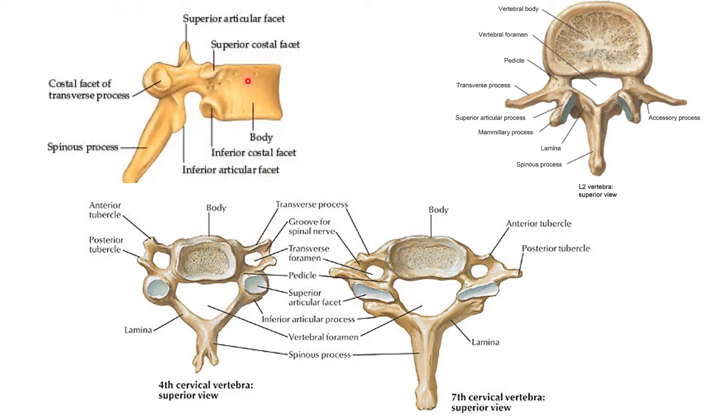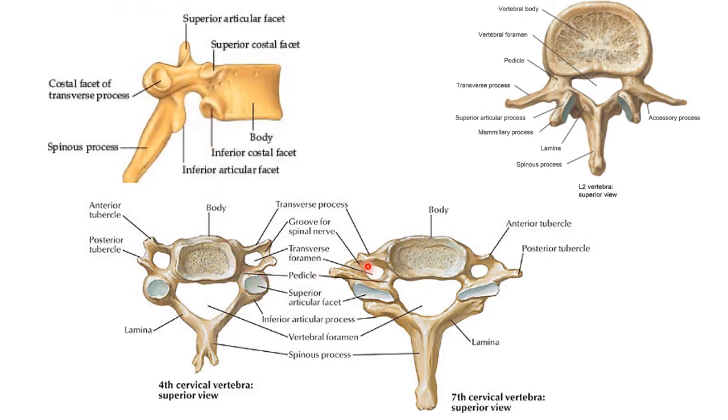If we come to the thoracic vertebra, this is a thoracic vertebra. It has costal facets: two costal facets on the body and one costal facet on the transverse process.